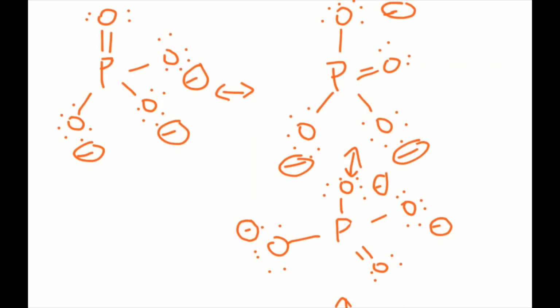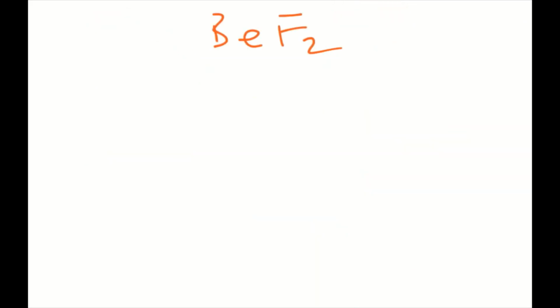Now let's look at the next question. BeF2, beryllium difluoride. Now if you remember, beryllium is a metal, and why do metals form covalent bonds? Aren't covalent bonds only formed between nonmetals? Well, in this case, this is an exception, and beryllium is one of the metals that can form covalent bonds.